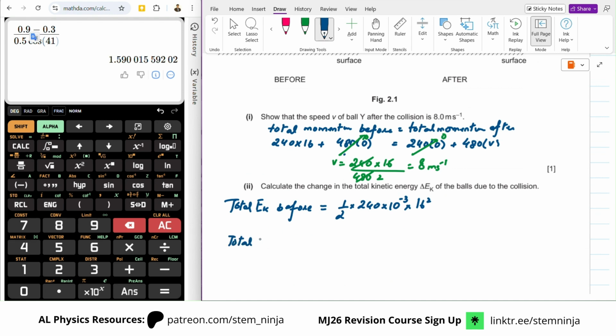Total EK after, so this is going to be half, 480 times 10 raised to the power minus 3, times 8 squared.